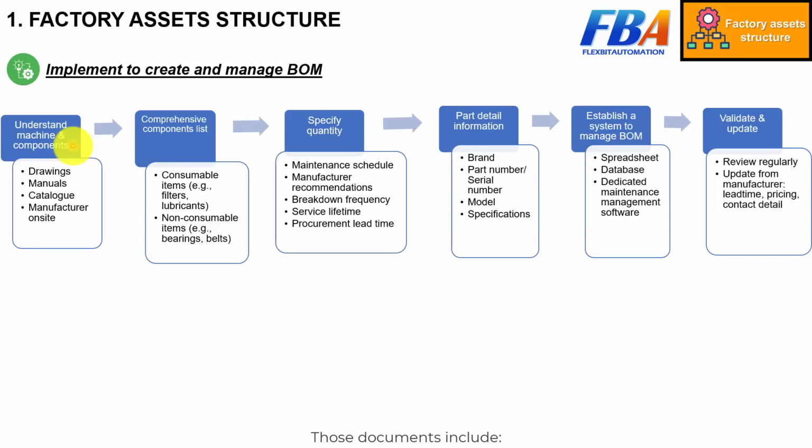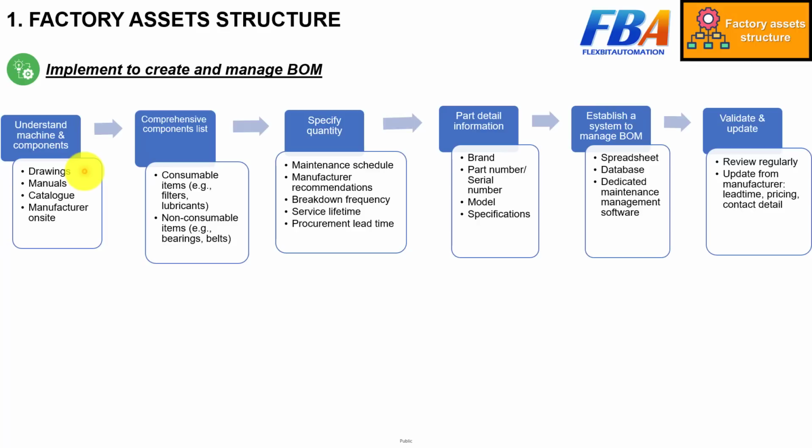Those documents include, firstly, the technical drawings, including mechanical, electrical, pneumatic, and hydraulic, etc. The second one, the machine operating guideline, the work instruction, and the technical parameters. The next one, the troubleshooting guideline.